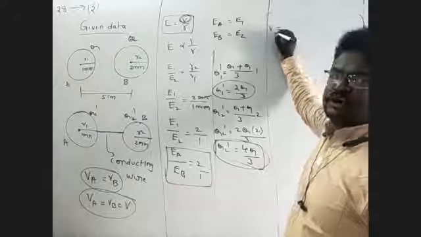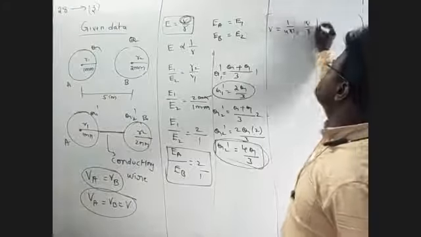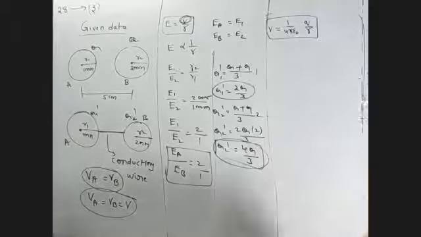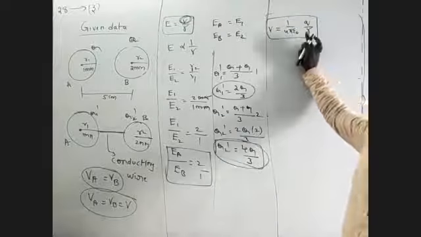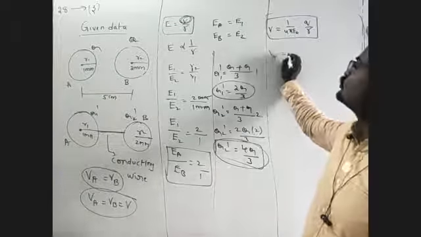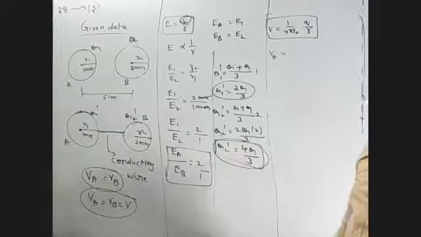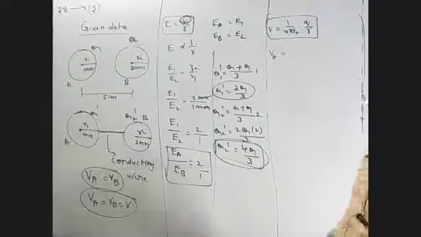V is equal to 1 by 4 pi epsilon naught Q by R. This is the general formula for electric potential. So VA is the electric potential at point A. We have to find the electric potential on the surface.